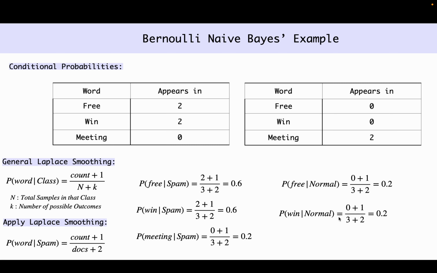For win, we compute in the same way, because there is no occurrence of win in the emails. And finally, the word meeting has occurred 2 times, and there are 3 emails related to normal, and therefore we computed the conditional probabilities as shown here.